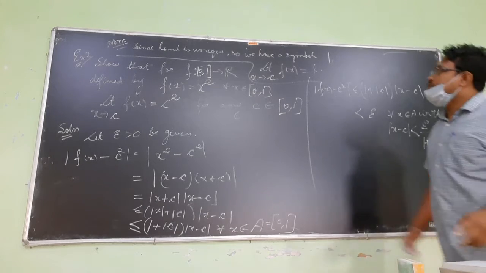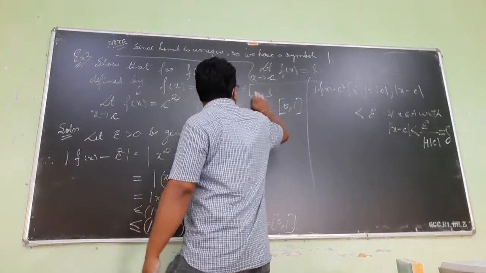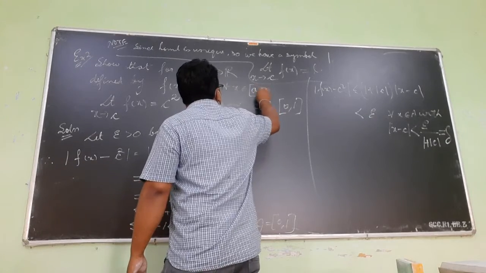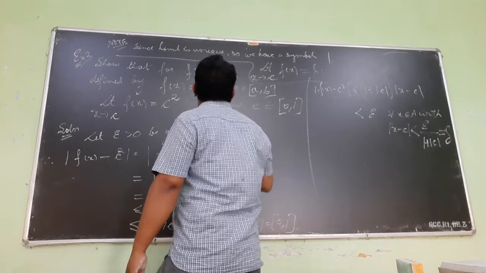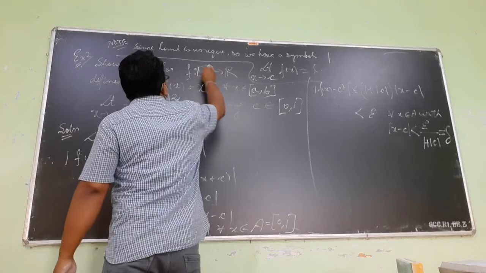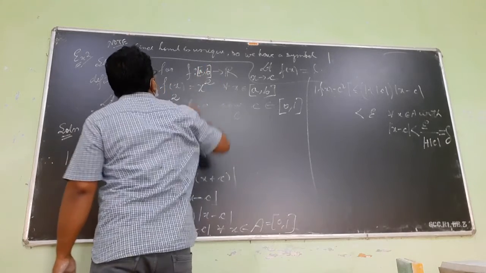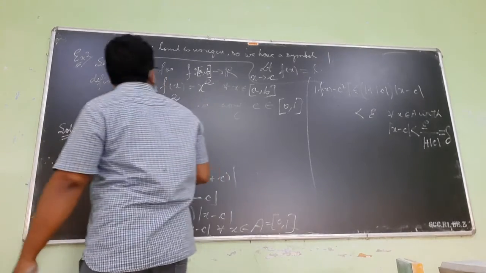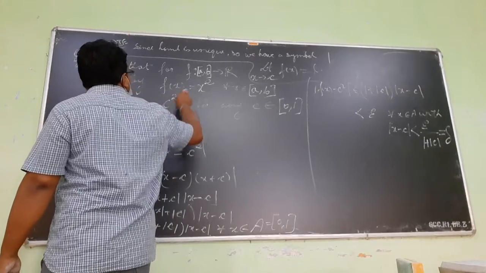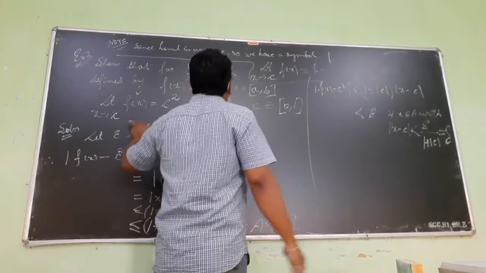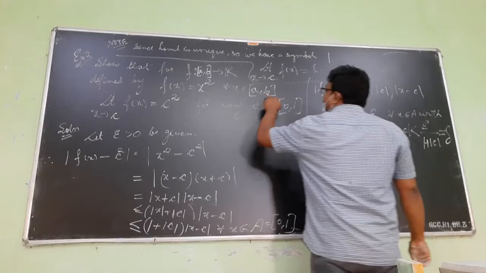Now you try a similar problem with this. You try the similar problem with this [a,b]. Instead of [0,1], it is [a,b]. F from [a,b] to R, defined by f(x) equal to x square for all x inside [a,b].